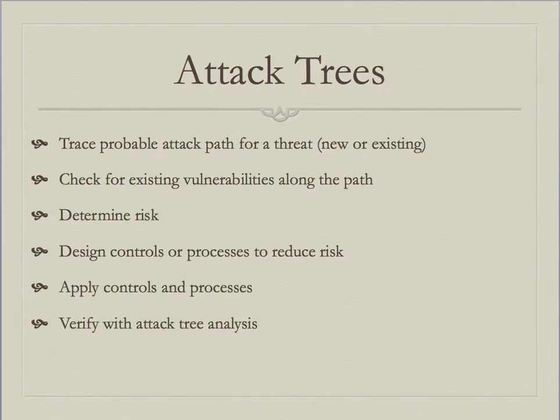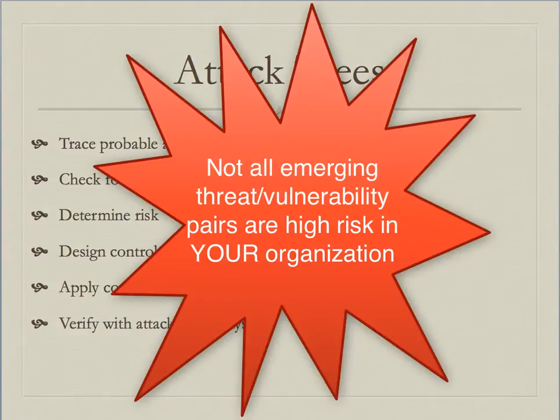An attack tree traces a probable attack path for a threat, either a new or an existing threat. We need to pause here for a second, because not all emerging threats pose a high risk to your business. That's one of the purposes of attack trees. When an emerging threat is announced, you simply sit down with an attack tree.